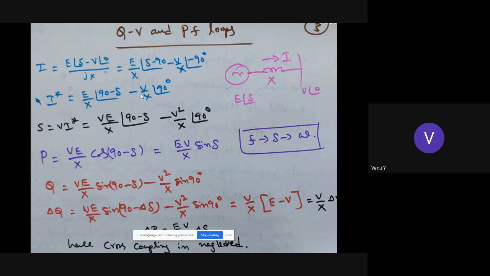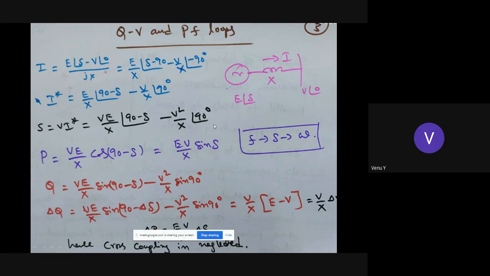I conjugate is equal to E by X at 90 minus delta, minus V by X at 90 degrees. So S is equal to V I conjugate. By using that relation, P can be expressed as the real component of this relation. Therefore, VE by X cos of 90 minus delta is equal to EV by X sin delta.